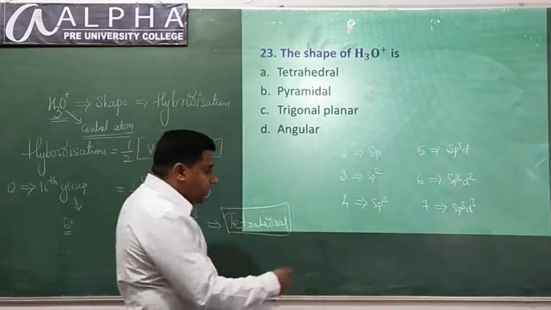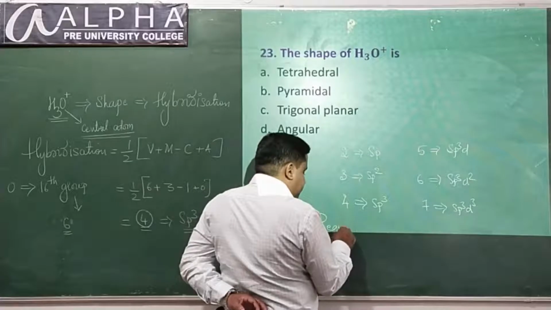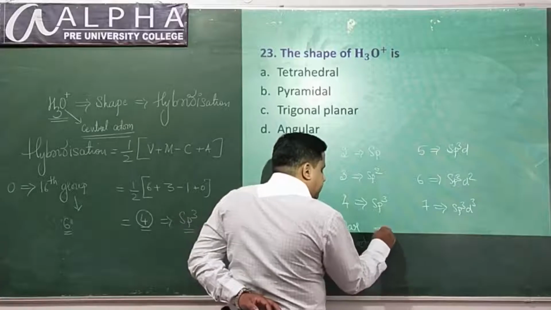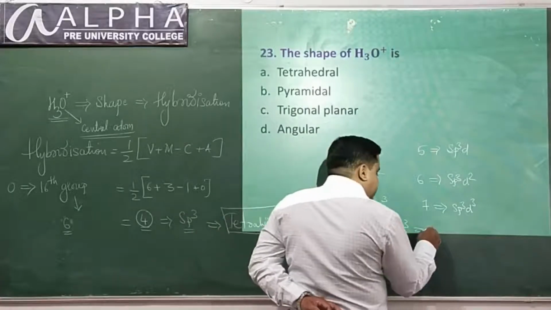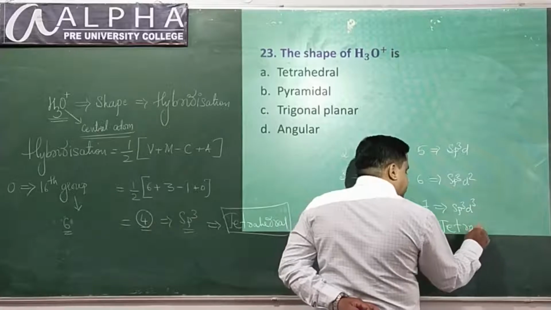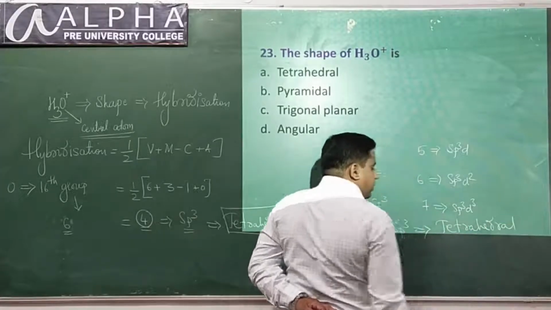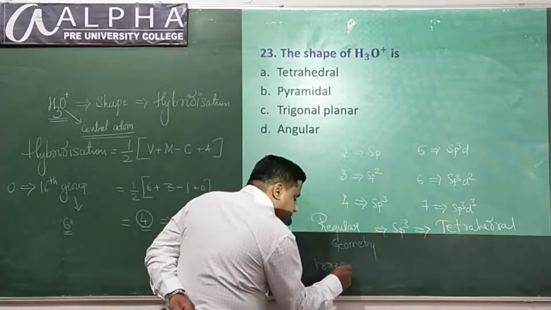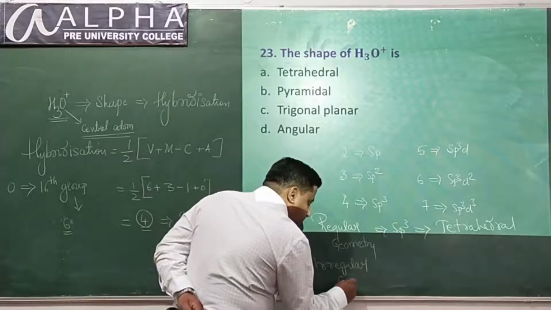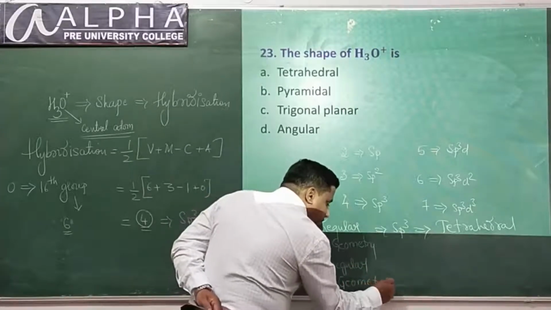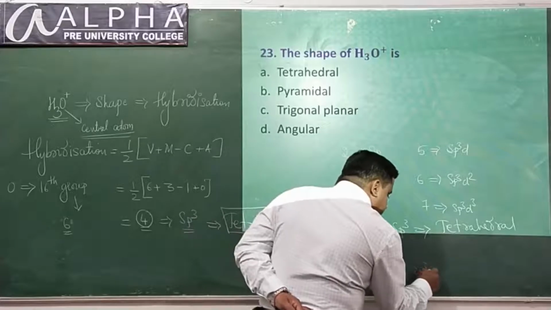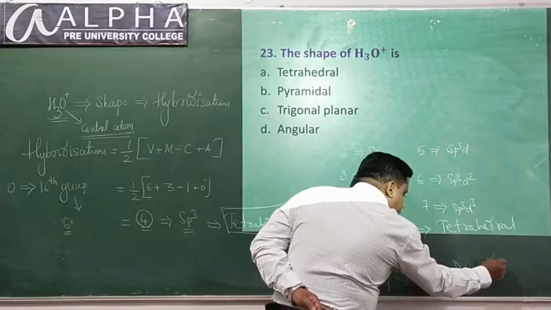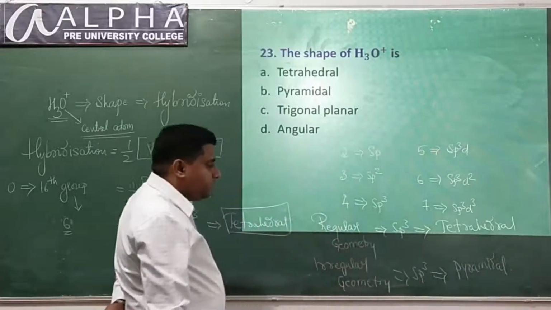Only when it is regular geometry, with sp3 hybridization, the shape of the molecule is tetrahedral. If it is irregular geometry, with sp3 hybridization, the shape is pyramidal.